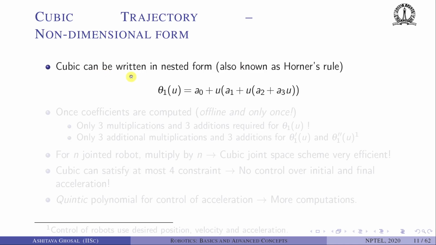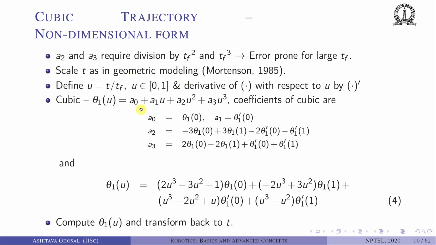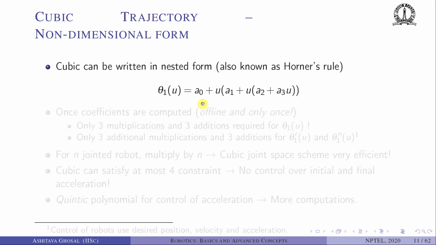This cubic, a0 plus a1 u plus a2 u square plus a3 u cube, where the a's are given by these expressions, can also be written in a nested form, which is a0 plus u into (a1 plus u into (a2 plus a3 u)). So this is a nice compact way. What is the advantage of doing this?